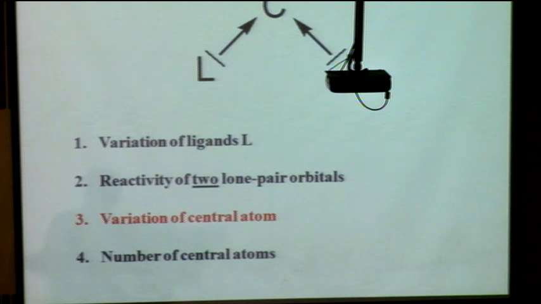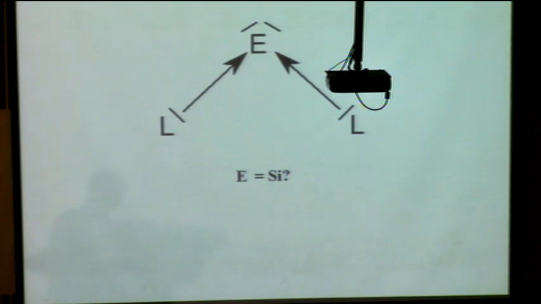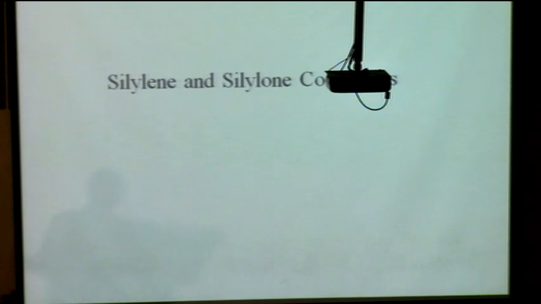So with the variation of compounds, we jumped into this. Could you find the same type of molecules with silicon? And here's an interesting story which I want to share with you. It's about silylene and silylone. Silylene is the silicon analog of a carbene, and silylone is the silicon analog of a carbone.